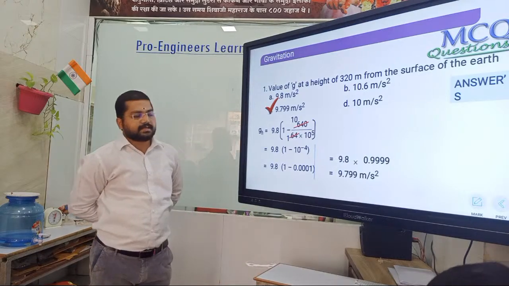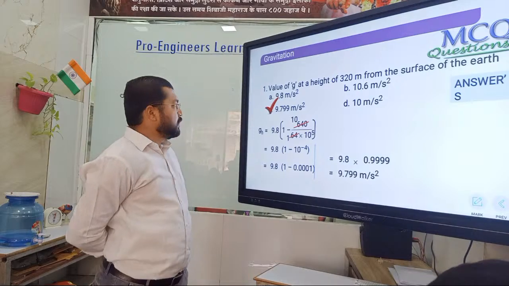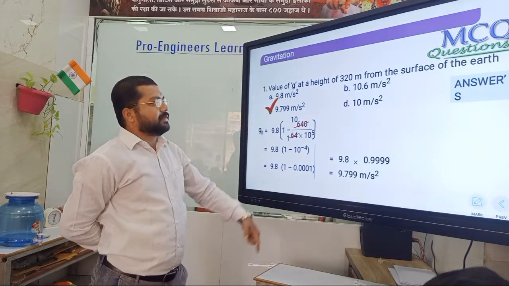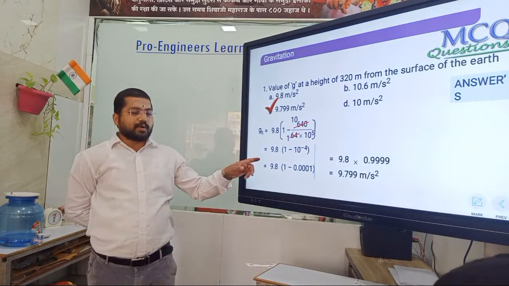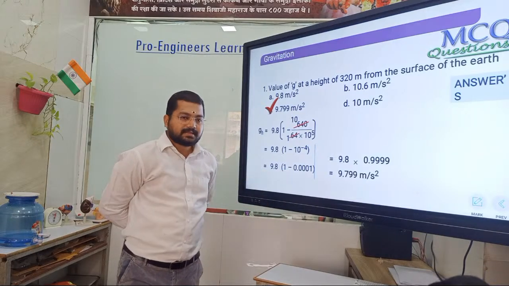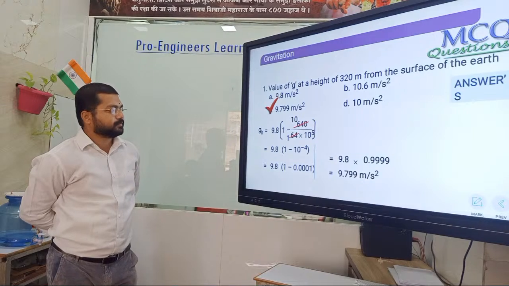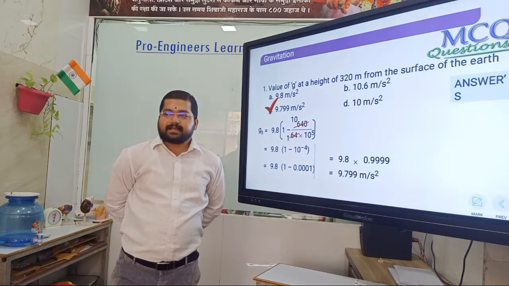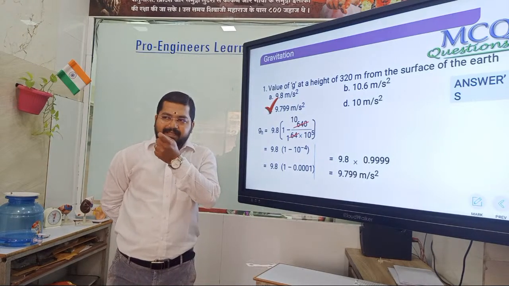The correct answer is 9.799 meter per second square. Usually, students just click on 9.8 meter per second square, right? But it is not like that. It is 9.799 meter per second square. So it is very much obvious as height changes, the value will change very minor, right?